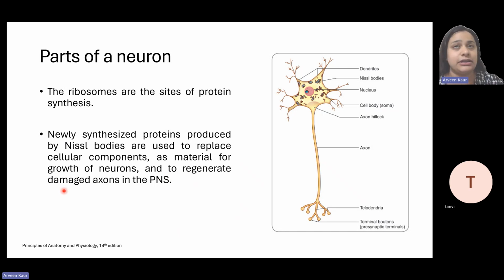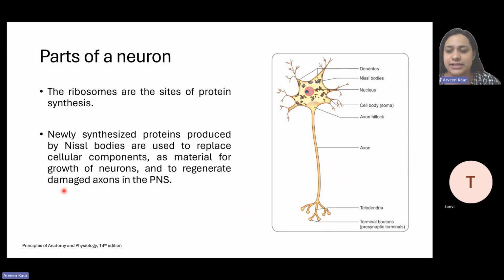Also in the PNS, we will learn later that in the CNS, regeneration of axons is very difficult. It is a very cumbersome process and it is almost next to impossible, or very rarely done. Only in some rare cases does it happen. But in the PNS, even if the axon is damaged, often it will regenerate.